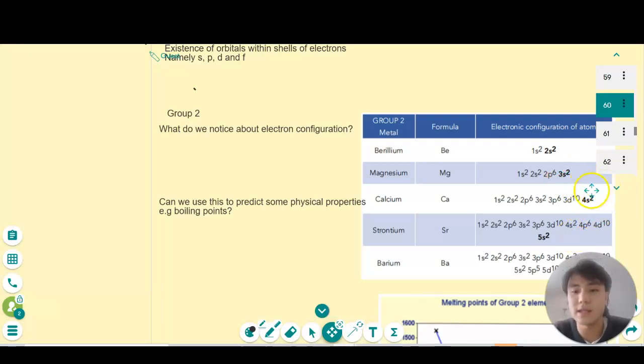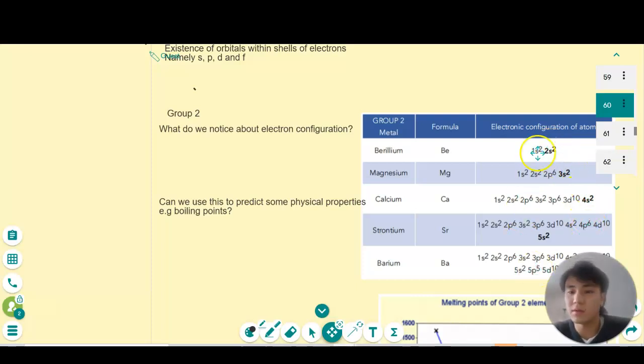There are always 2 electrons in the s orbital for all of the elements within Group 2. So that should tell you a little bit about why we call it Group 2, because there are 2 electrons in its outermost shell, and not within the shells, but only on the outermost shell is what we concern ourselves with when we call it Group 2.